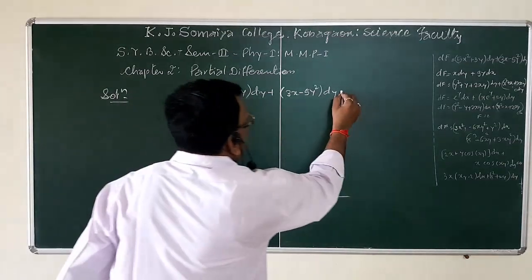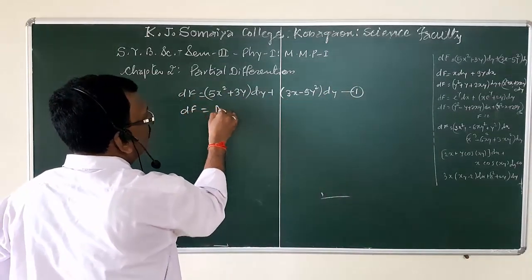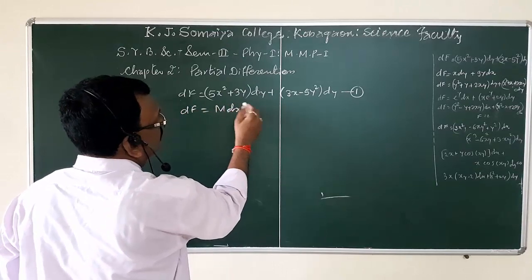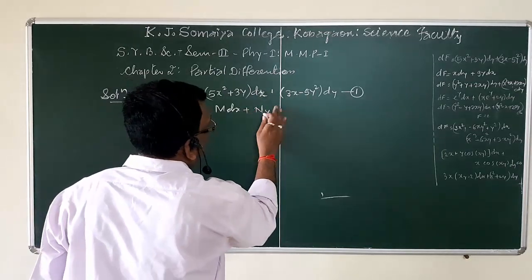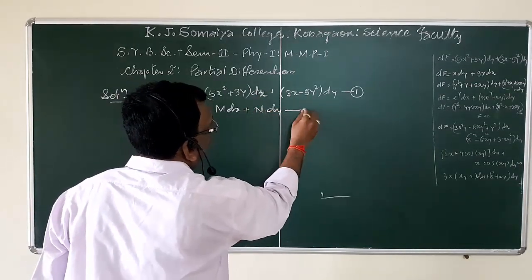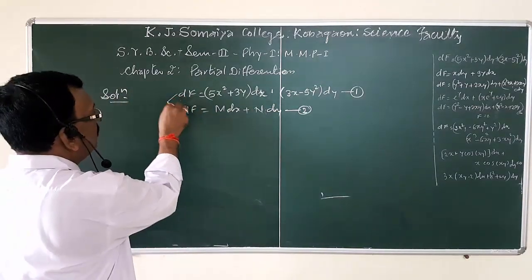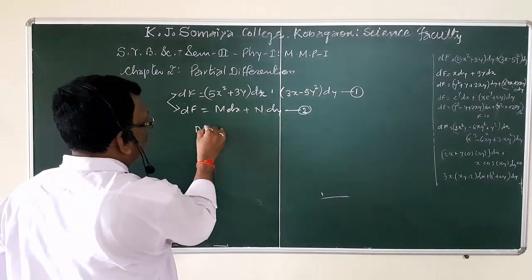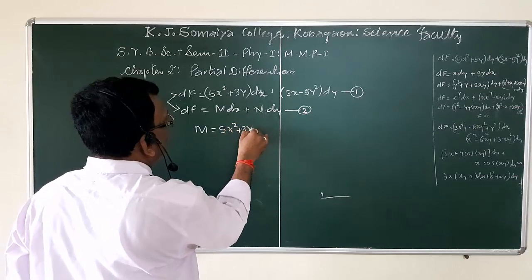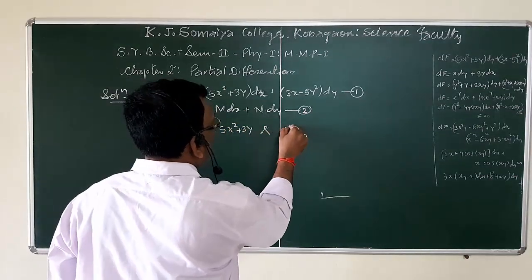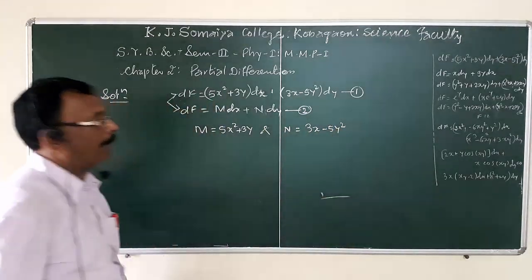Now, we can compare this equation 1 with df is equal to m dx plus n dy, that is equation 2. Comparison between these two gives us m is equal to 5x square plus 3y and n is equal to 3x minus 5y square.